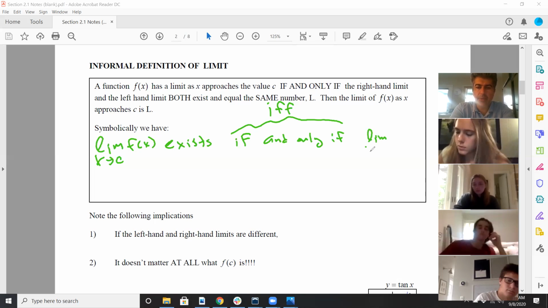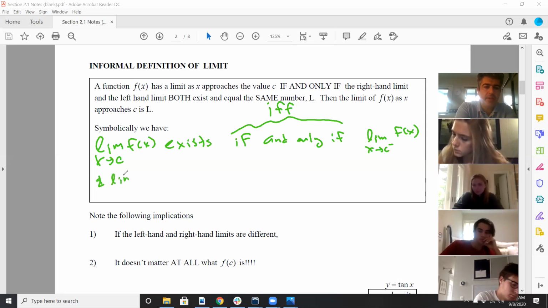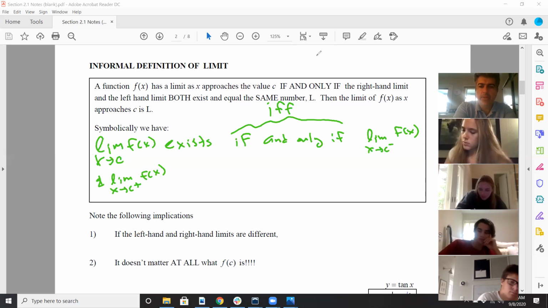the limit as x approaches c from the left of f of x and the limit as x approaches c from the right of f of x. Remember, this is called the LHL and this is called the RHL.